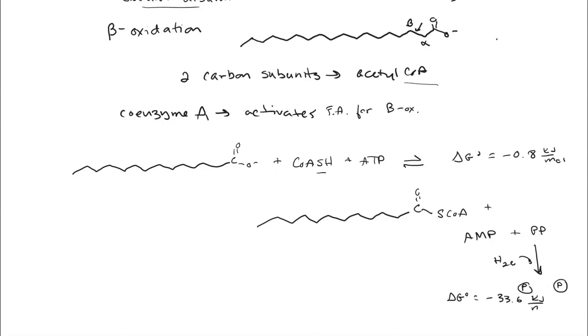So it's highly favorable. And because this is a natural outcome coupled to the first, this is what really motivates the first reaction towards products. And please recall that this is being facilitated by acyl-CoA synthetase.